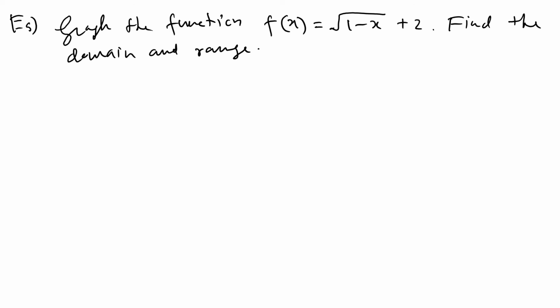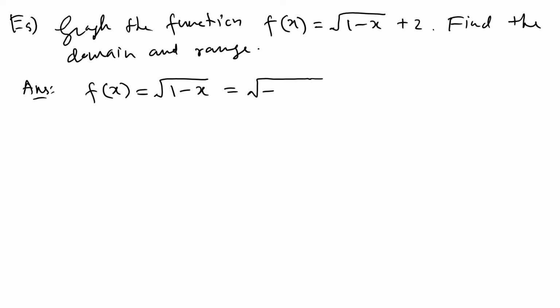Okay, so how do we answer a question like that? So we're going to write this in standard form. We have the square root of 1 minus x. This is not in standard form. In standard form, it should be x plus or x minus something. So we're going to pull the negative sign inside.